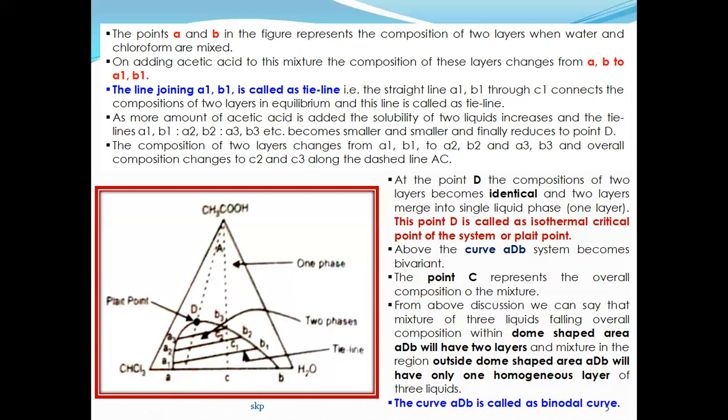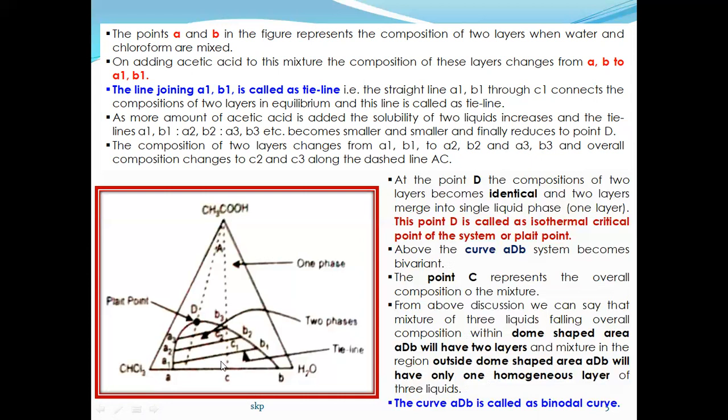From this overall discussion, we can say that a mixture of three liquids with overall composition within the dome-shaped area ADB will have two layers. Within this area, chloroform and water layers are formed.